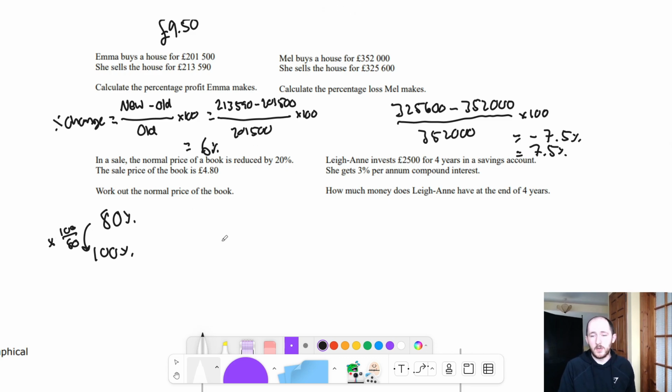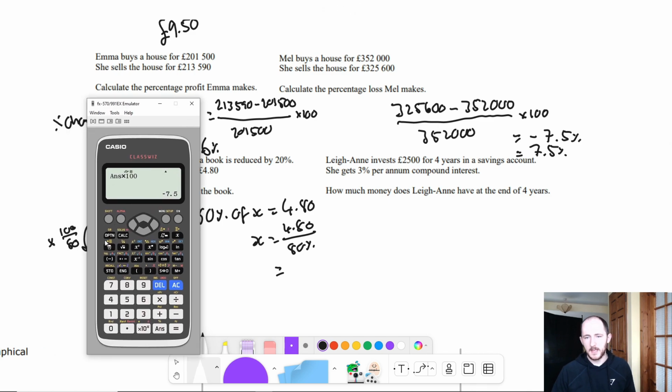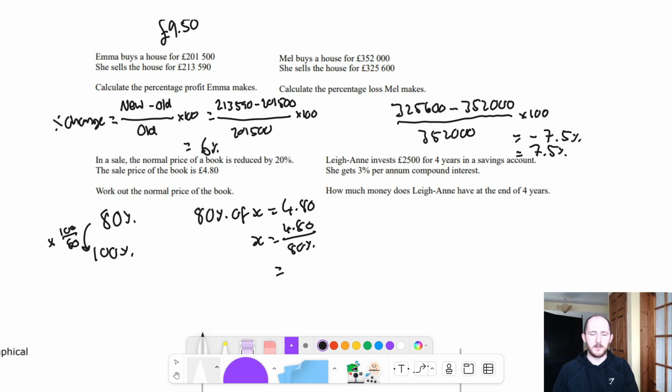You can also use, for example, the fact that 80% of x is equal to 4.8. So x is just equal to £4.80 divided by 80%. That will give you the same answer. You could do that as a decimal. There is like a billion different ways, right? So choose whichever one makes sense to you. 80, and then I'm going to use the percentage button. All of them should give you the answer of £6.